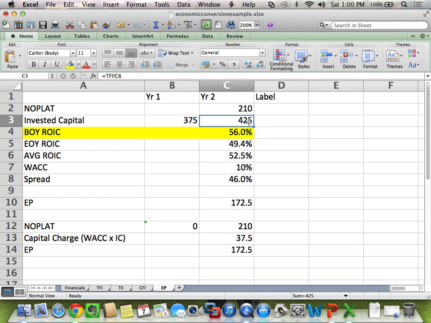Last point that I'll mention, this goes back to last week. This is the morphing of the molten cores example. So if I look at the ROIC, this is operating.